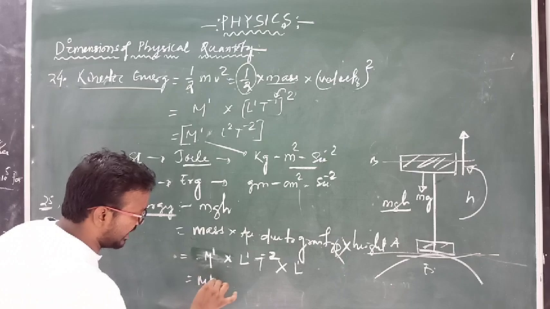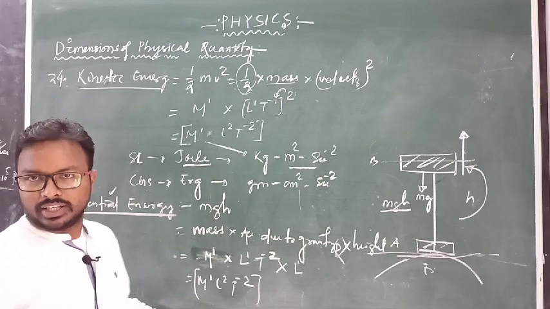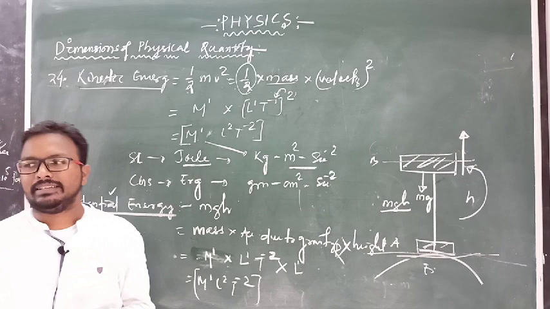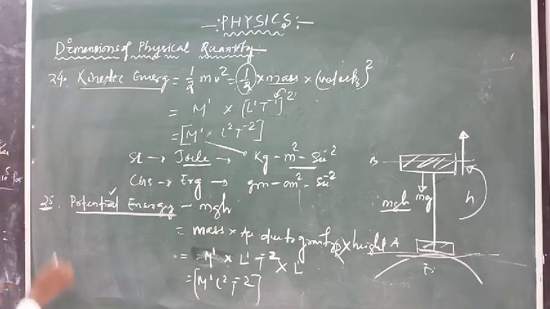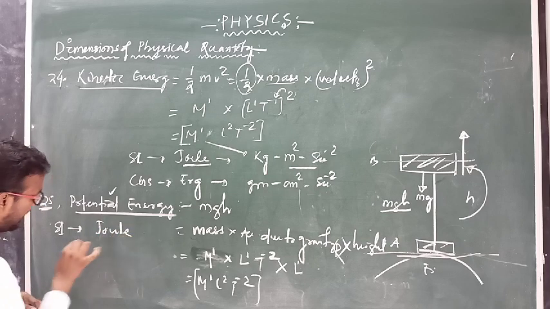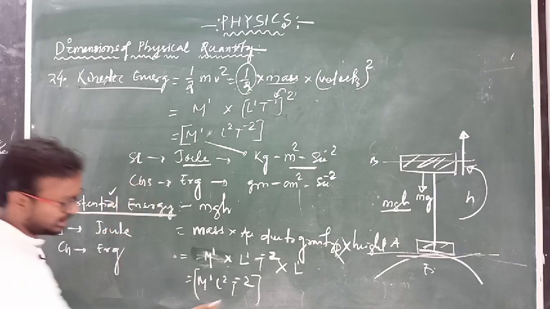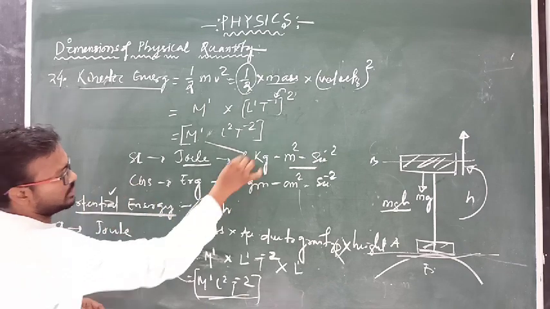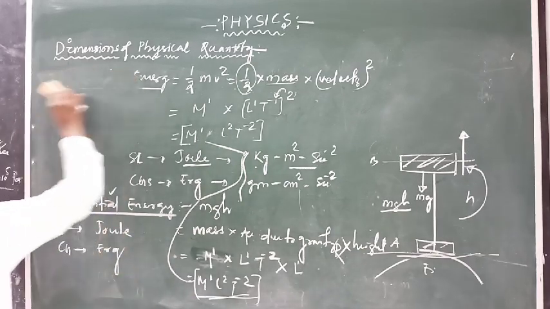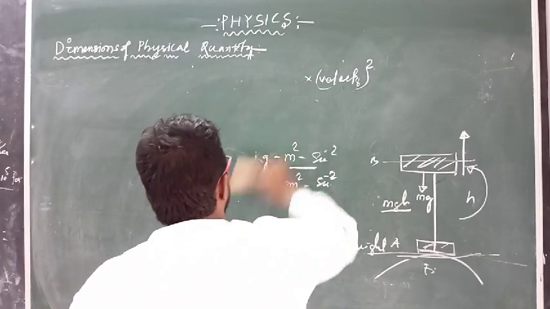So its dimension is M1 L2 T minus 2, because potential energy is also energy, so in nature the same physical quantities possess the same type of dimension and the same type of unit. So you can write your SI unit, that is joule, and the CGS unit you can write, that is erg, or you can write the unit from this relation, then this unit will be like this. Clear? So these are the dimensional formulas of kinetic energy and potential energy.